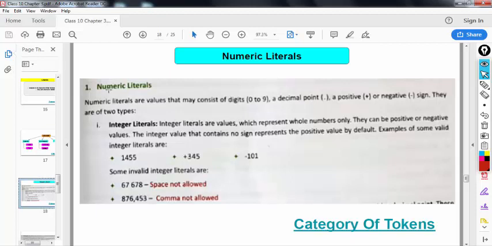Okay, so within the numeric literals we have seen integer literals, and now let us see real literals. Okay, the second category of numeric literals.